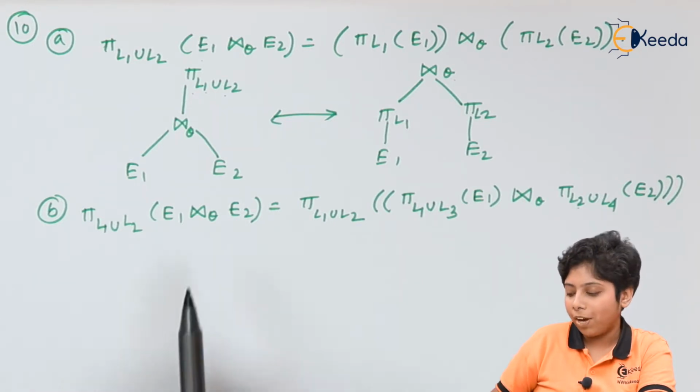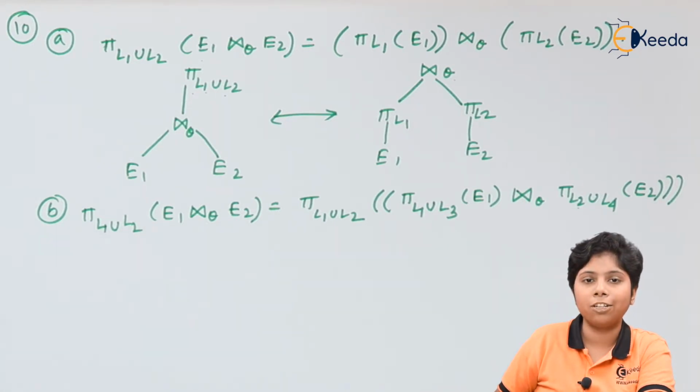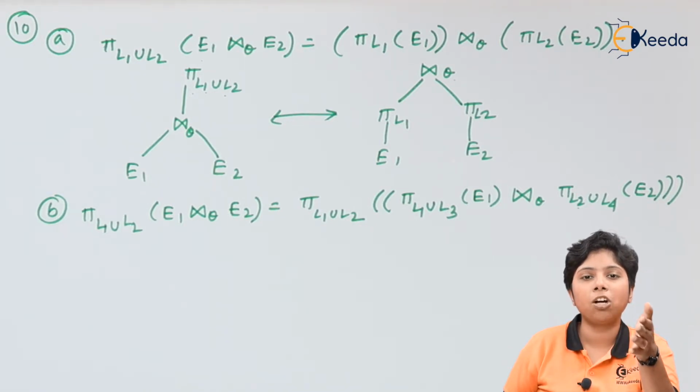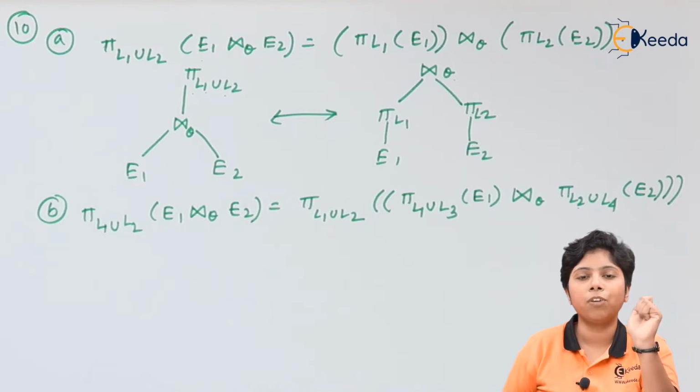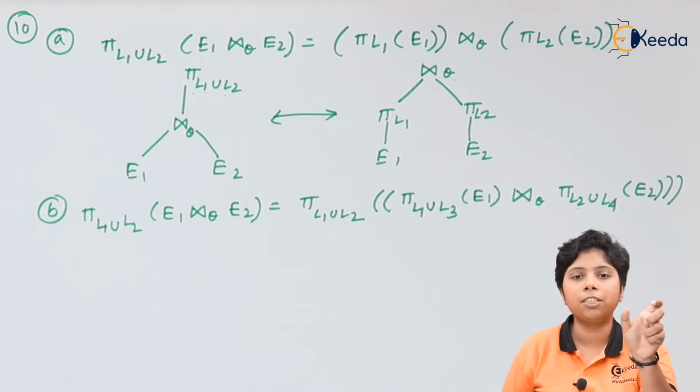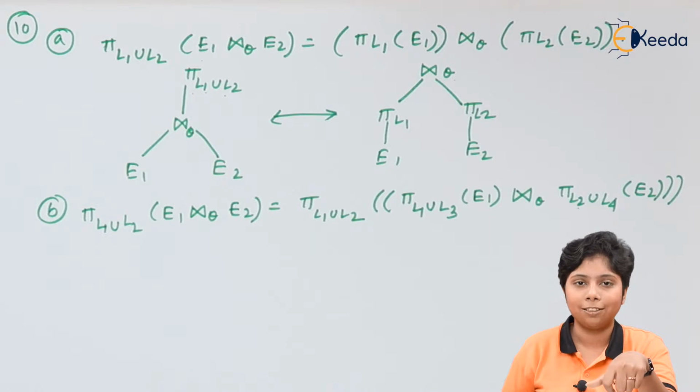Well, it will be equivalent to the projection on the union of L1 and L2 from E1 theta joining E2. That means even if there is an intermediate attribute operation on the projection, the final operation will only have the attributes that belong to both of these sets.